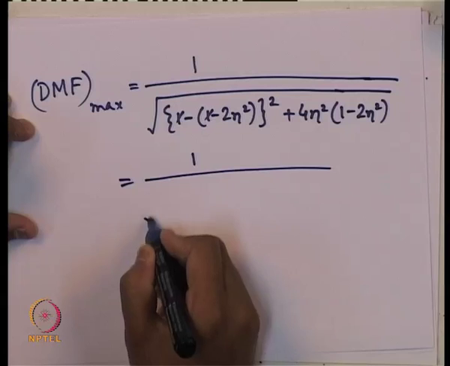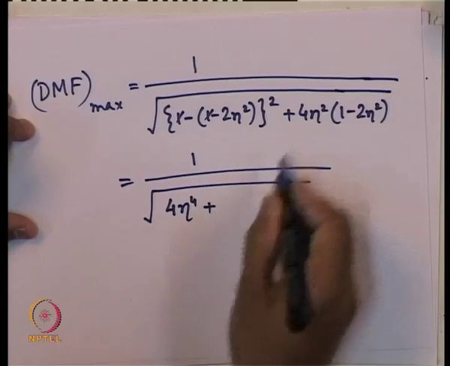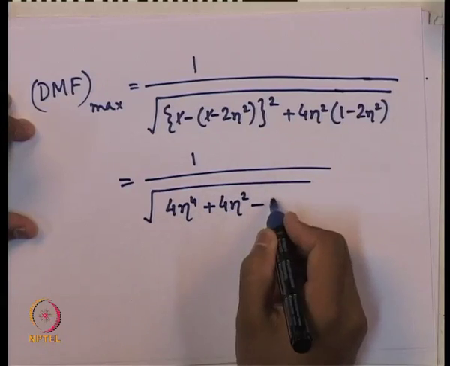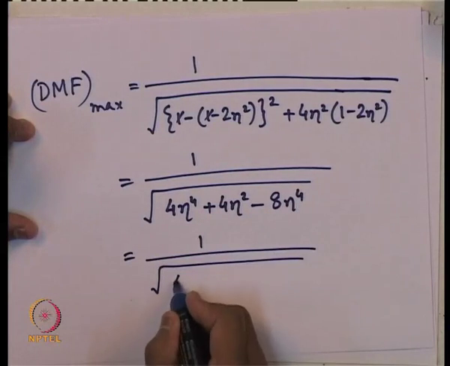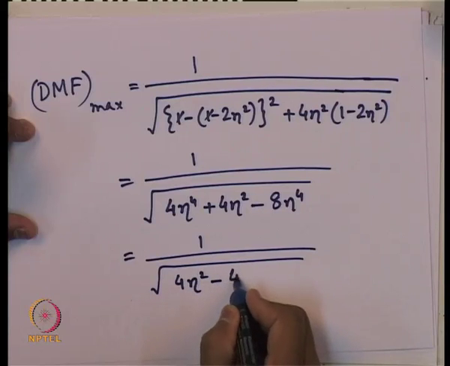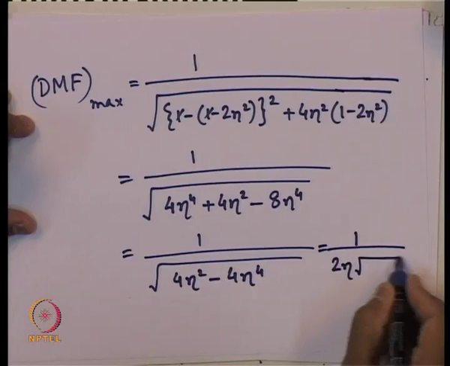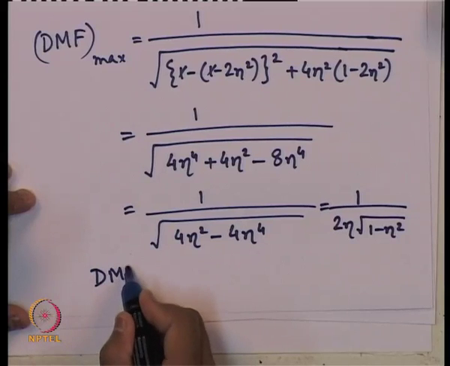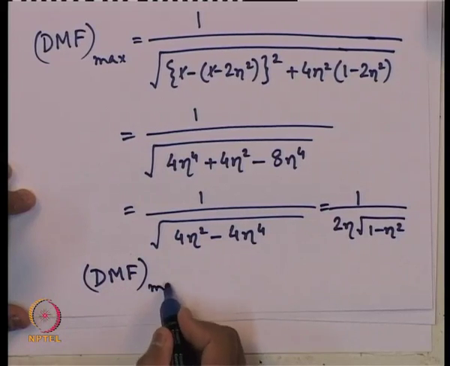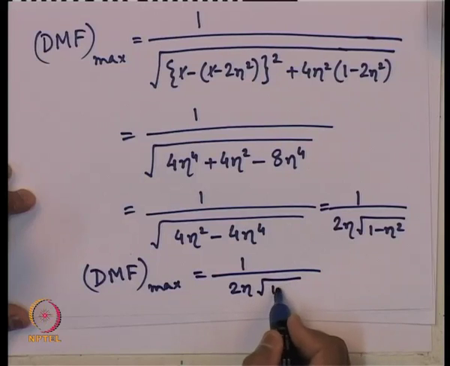That gives me 4 eta to the power 4 plus 4 eta square minus 8 eta to the power 4. So, 1 by root over 4 eta square minus 4 eta to the power 4, which equals, I can take out 2 eta root over 1 minus eta square. Therefore, the expression for maximum dynamic magnification factor is 1 by 2 eta root over 1 minus eta square.